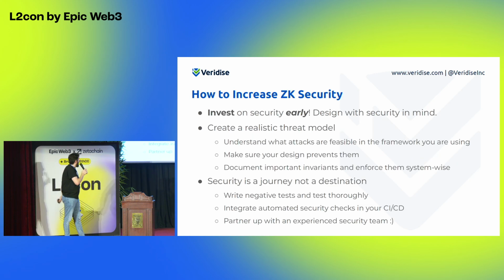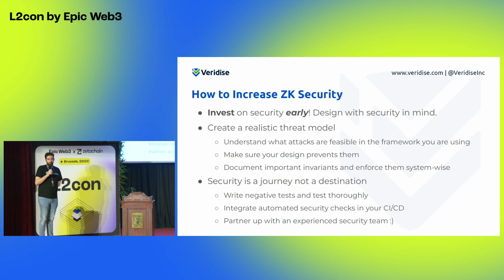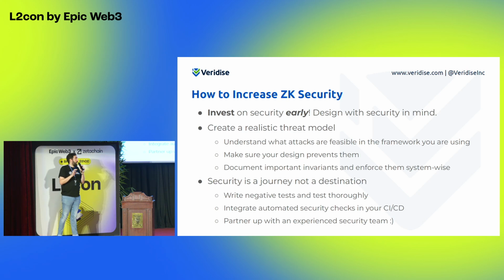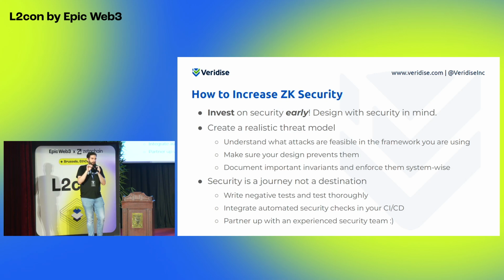So what should we do moving forward? Of course, we need to invest in security, and invest in security early. Whenever you go out and design a system, you have to be security conscious from the design phase. You have to create a very realistic threat model, so you need to know what things are possible in the framework we're currently developing on.